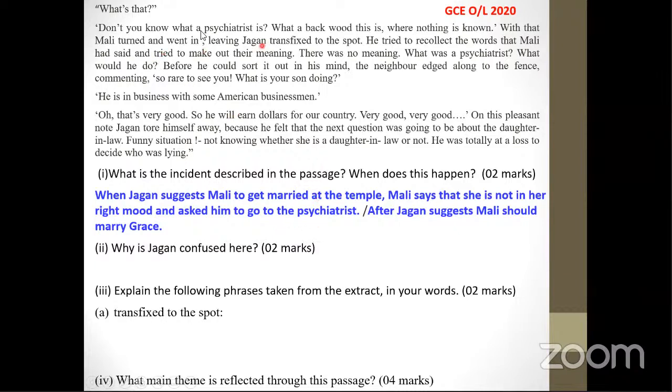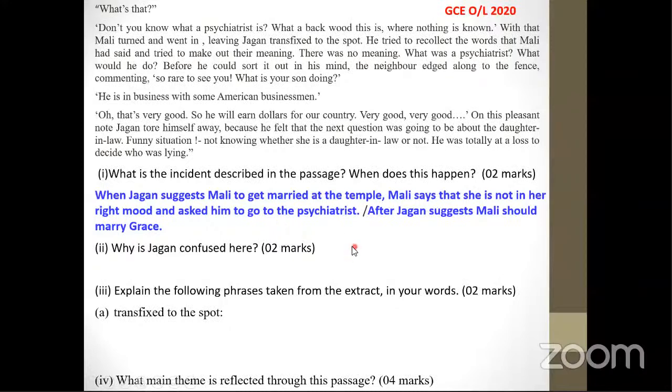So that thing is coming here, right? You can take the answer from here. Or else you can say the same after Jagan suggests Mali should marry Grace. In other words, same thing coming in other words.